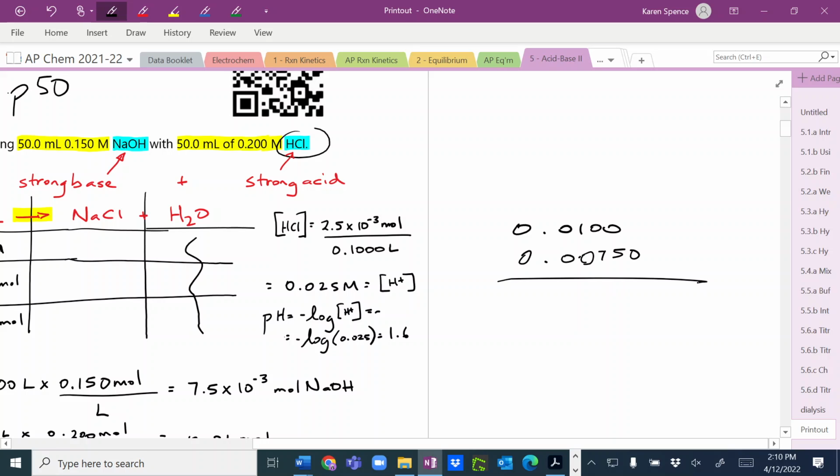So now my sig figs are here, which means that when I have the 250, it's only got 2 sig figs. Am I correct? Did you follow that with me? Okay, so 2 sig figs, so it should be 1.60, 2 sig figs there. Is that good?